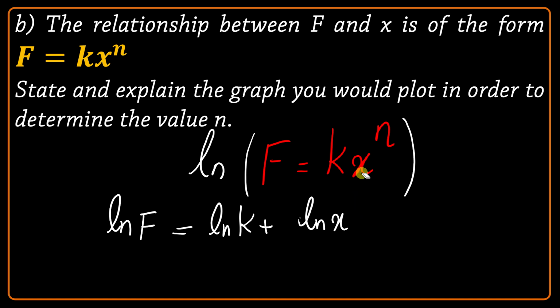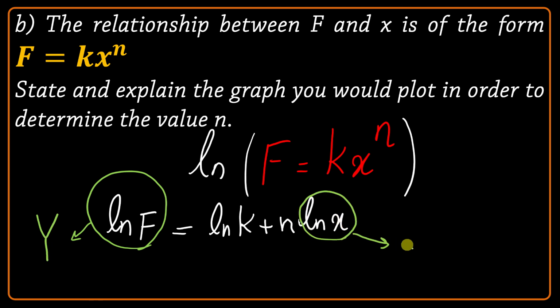n can be taken out of the logarithm to be a coefficient, so here I can define my new variables. Let's take ln F to be the vertical axis, capital Y, and ln x to be the horizontal axis, capital X. So it's good. If I plot capital Y versus capital X, it will be a line.